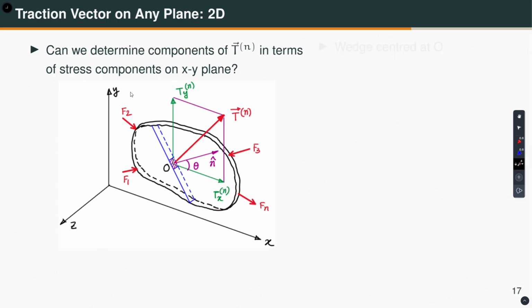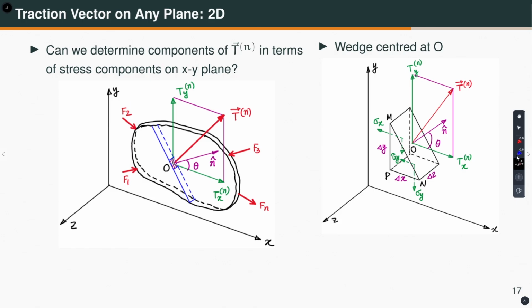Okay. So, if I consider a small wedge here like so, and take it and zoom it, right. So, what do we see? Well, this is the traction vector Tn and these are the components Tnx and Tny. Okay. So, on this face, what kind of face is that?